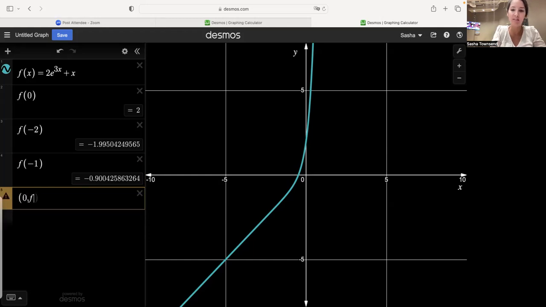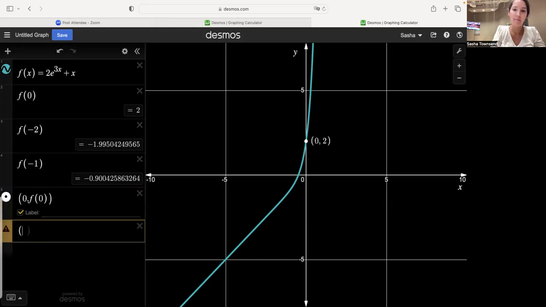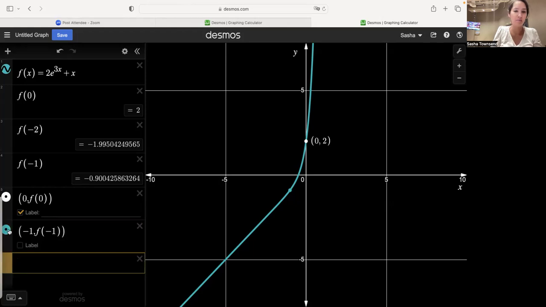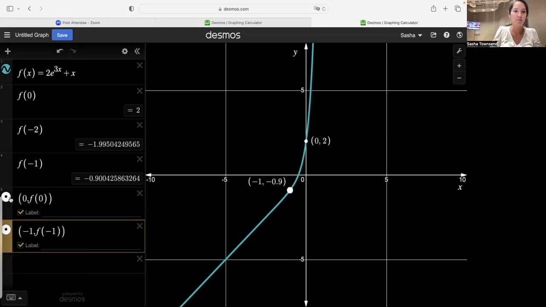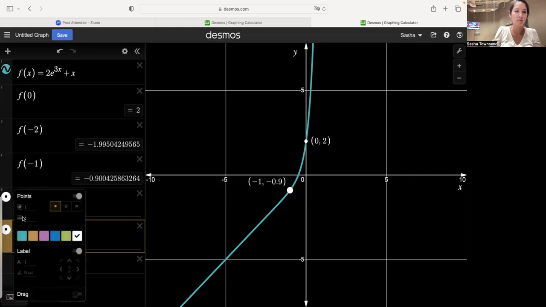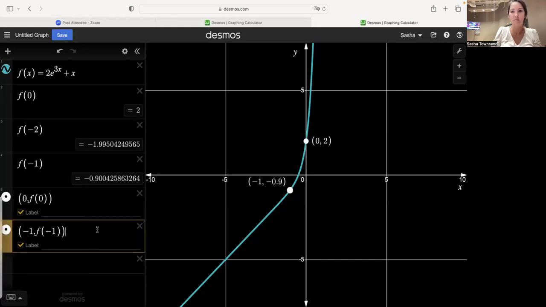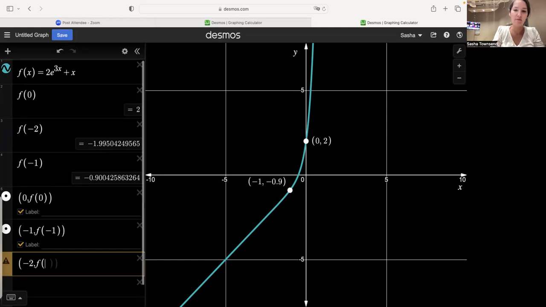We had 0, f of 0. Label it. And then we had negative 1, f of negative 1. Label it. And then we've got negative 2, f of negative 2.